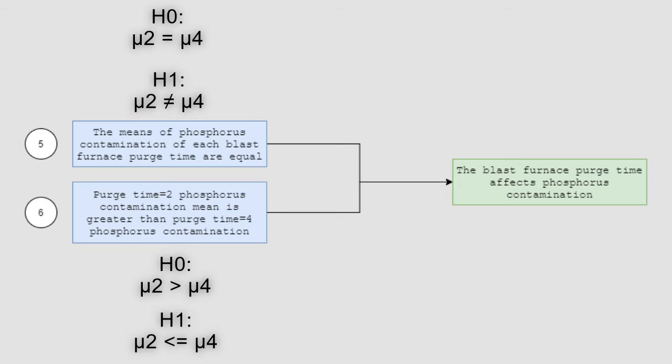The next statistical hypothesis would be that the phosphorus contamination mean for purge time equal 2 is greater than that for purge time equal 4. Here H0 is mu2 is greater than mu4, and H1 would be that mu2 is less or equal than mu4.